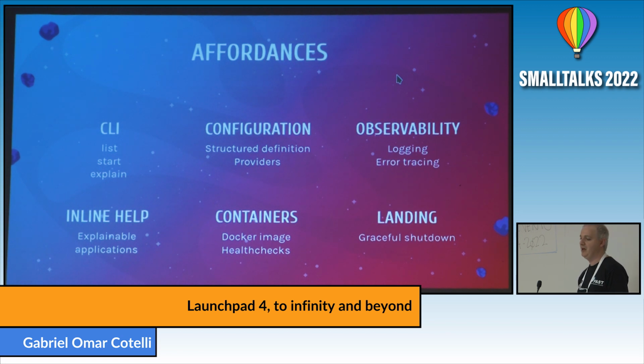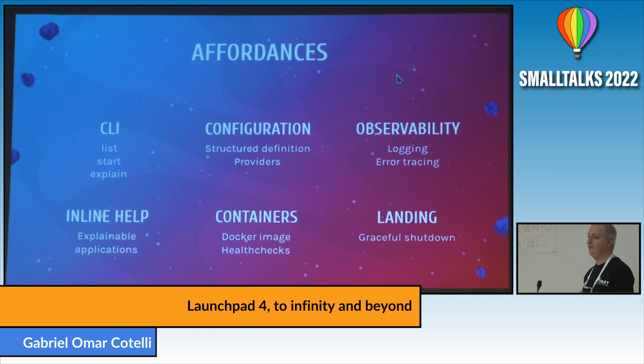It also provides a structured definition for configuration, and for later provisioning of that configuration, because the application wouldn't work without the configuration, and we need later to provide that. It also provides affordances for logging and tracing. I will enter into more detail later.